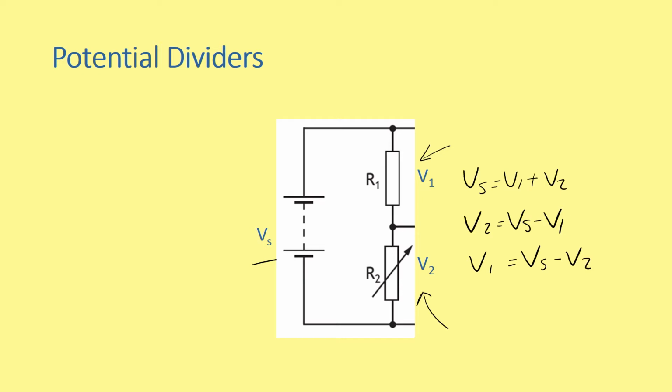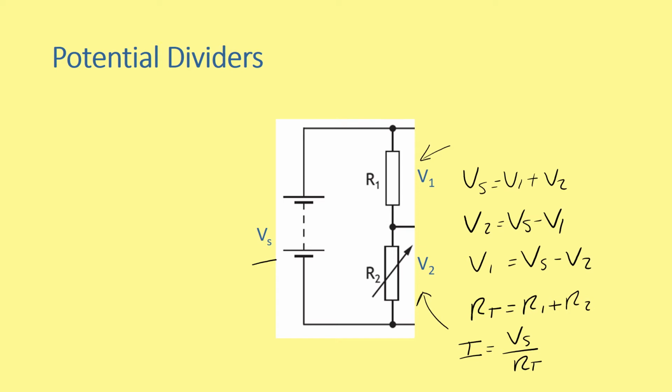Now we can calculate the values of voltage 1 and voltage 2 by using Ohm's law. If we know the values of the resistors, we can work out the total resistance, RT, is equal to R1 plus R2, and then the current in the circuit is equal to the supply voltage divided by the total resistance.